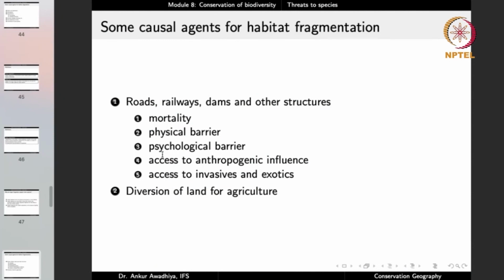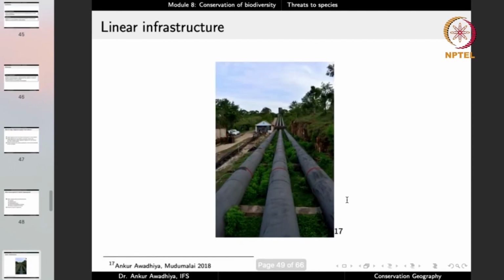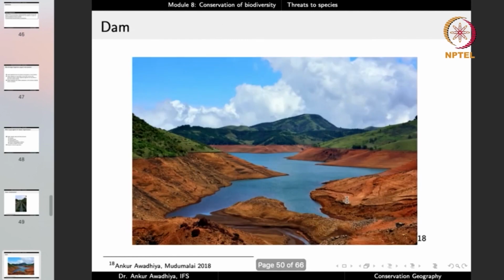And with them, we also have access to invasives and exotics. Another agent is the diversion of land for agriculture. So that also fragments the habitats. So we have habitat fragmentation because of infrastructure and agriculture, and they can be both linear infrastructures and things such as dams or other infrastructures.